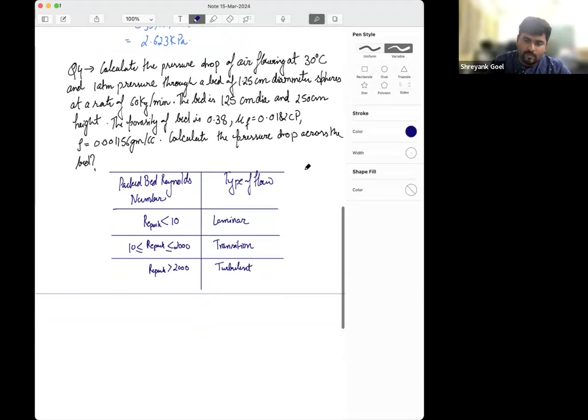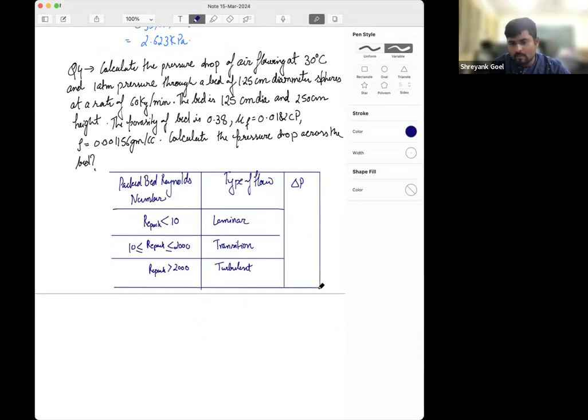So we have these different kinds of flows. I will also extend this table in a way that we should know which equation gives delta P. Delta P should be calculated using which equation. In this case, we have a laminar flow, so we will use the Blake-Kozeny equation.